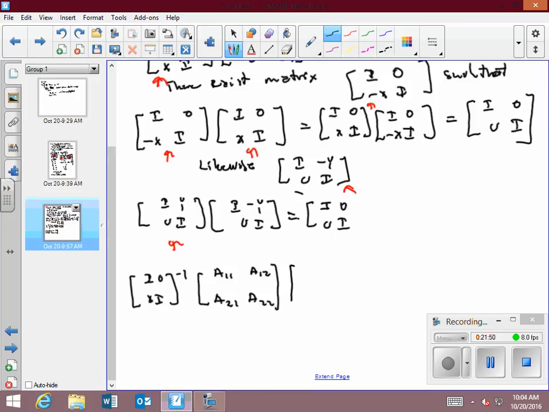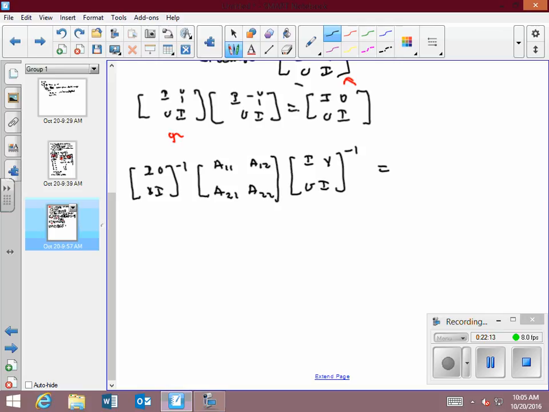And then we multiply it on this side by I, Y, 0, I inverse, and we've shown that that exists. And then you take the right-hand side of the equation and you multiply I, 0, X, I inverse. And the right-hand side of that equation is that.